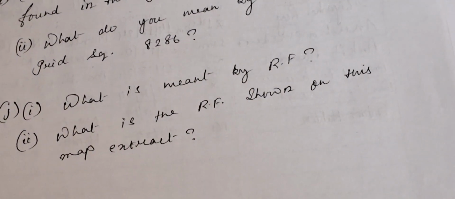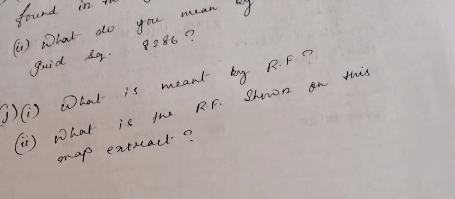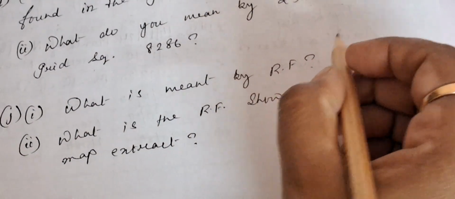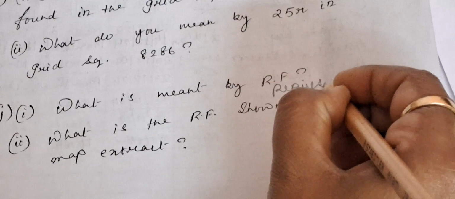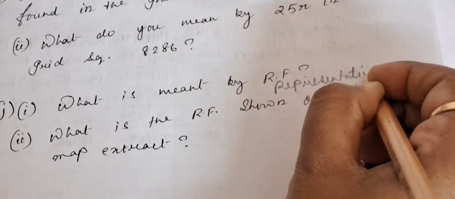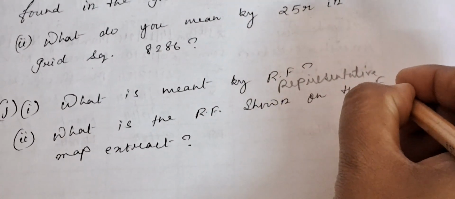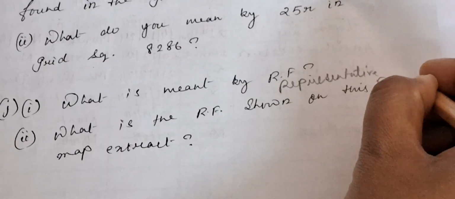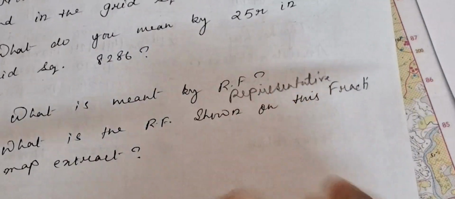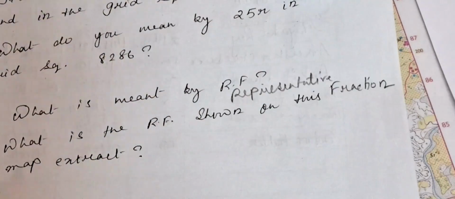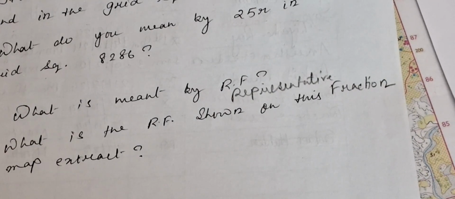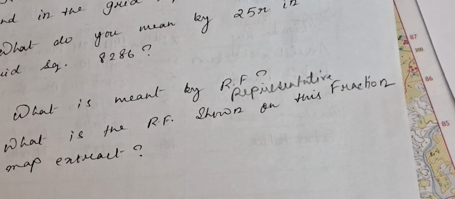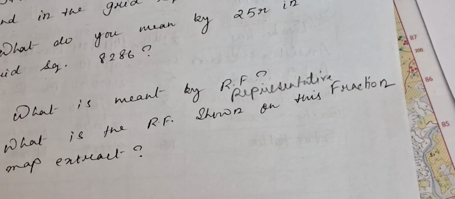Next question is, what is meant by RF? RF stands for representative fraction, which is the ratio of the distance between 2 points on the map to the distance of the same 2 points on the actual ground.